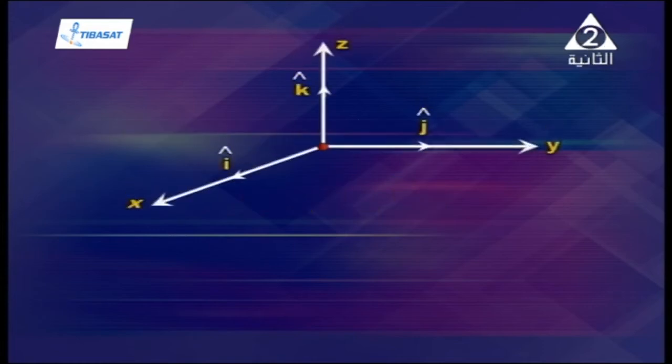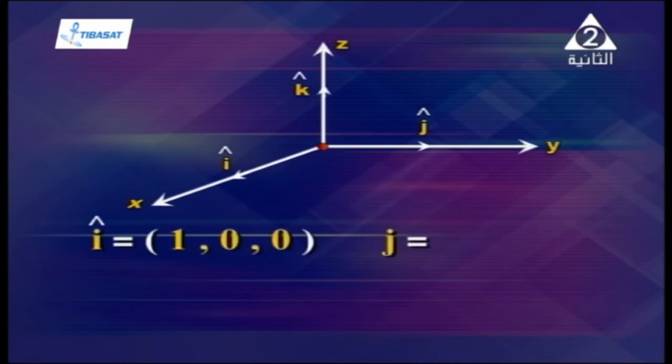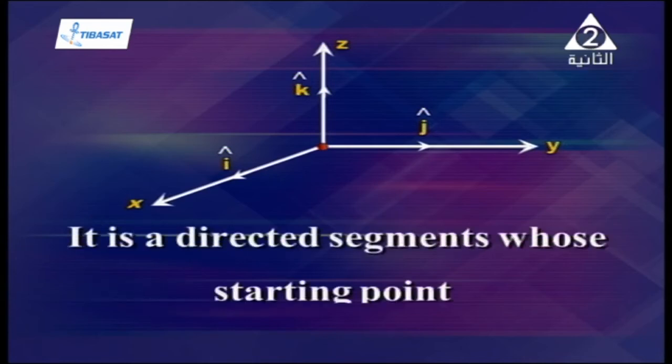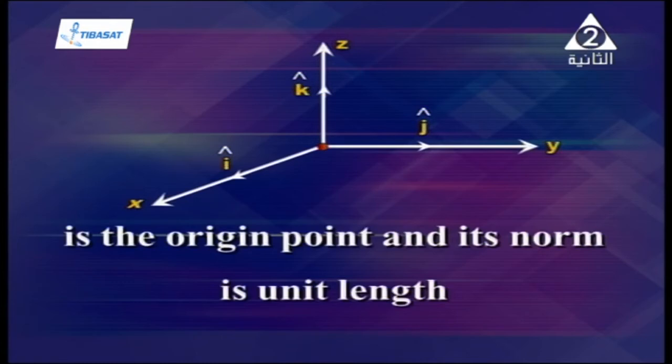The unit vector on the z-axis is called the k vector. A fundamental vector is a directed segment whose starting point is the origin and whose norm is unit length.